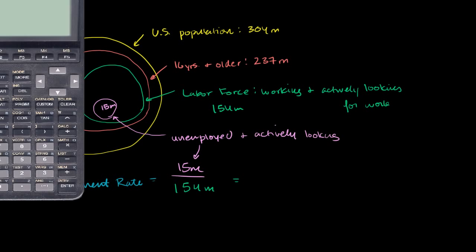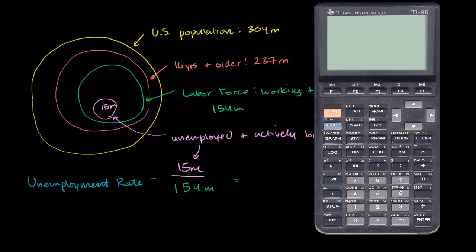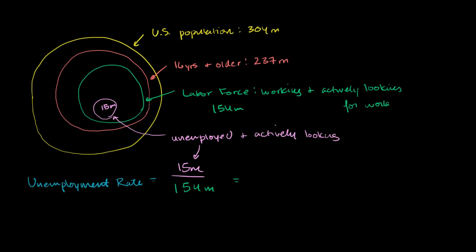And if I get my handy TI-85 out, that gives us, in this example, an unemployment rate of 15 divided by 154 million. So it's about 9.7. If we write it as a decimal, 0.097. If we write it as a percentage, this would be approximately 9.7%.